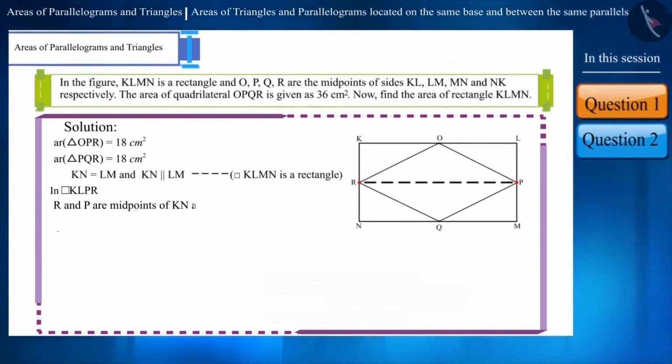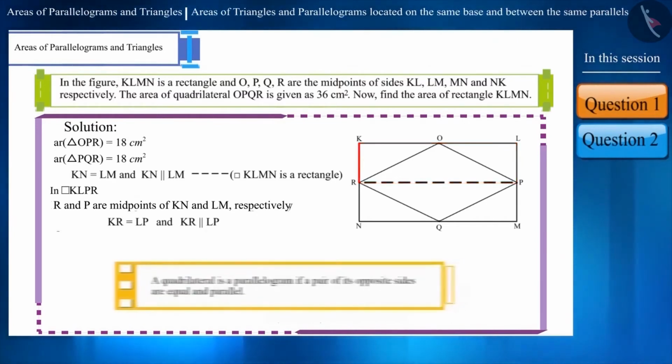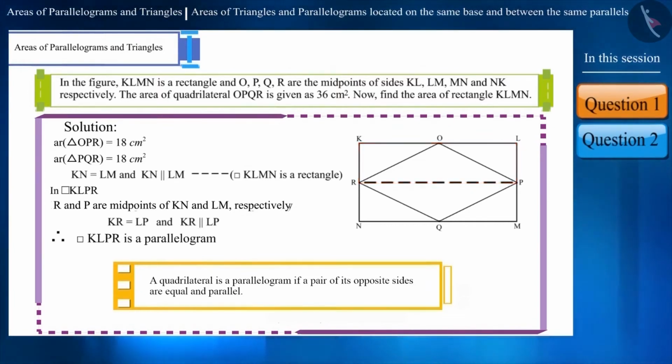R and P are the midpoints of KN and LM respectively. Therefore, KR is equal to LP and KR is parallel to LP. You can see that in quadrilateral KLPR, a pair of opposite sides is equal and parallel. So, we can say that quadrilateral KLPR is a parallelogram.